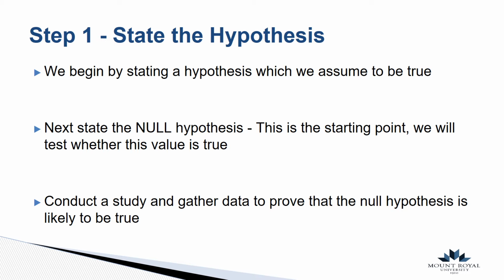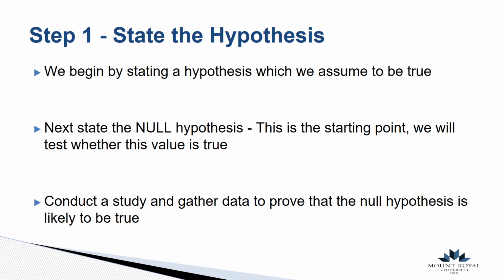We begin by stating a hypothesis which we assume to be true. That's the researcher's best guess as to the results of the study. Last class we looked at a directional and non-directional hypothesis, and this is what we call the research hypothesis. You might see it also called the alternate hypothesis, but for the purpose of this course, we're calling it the research hypothesis.